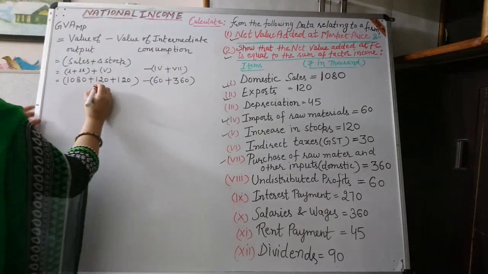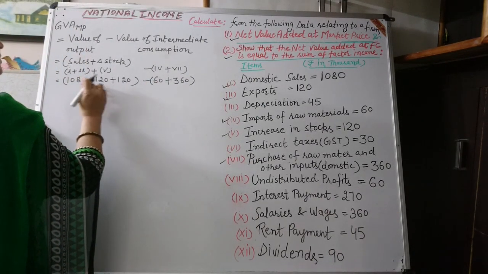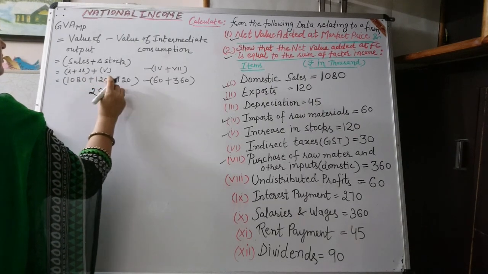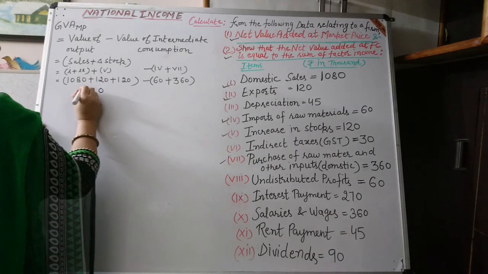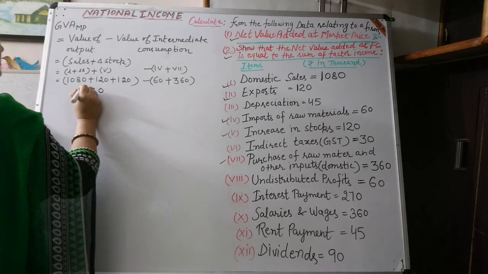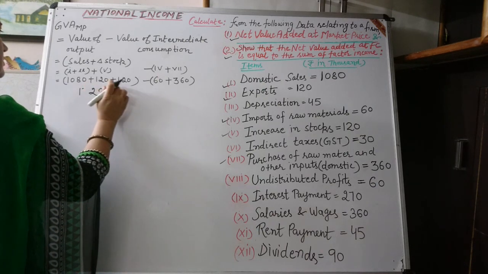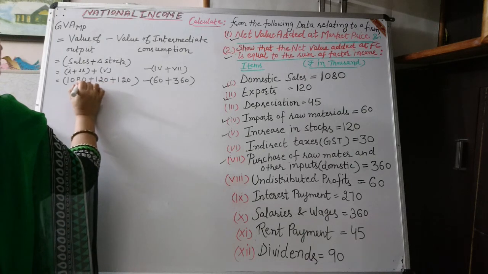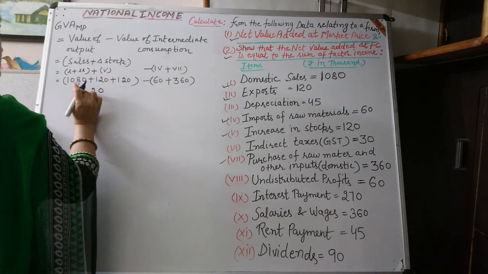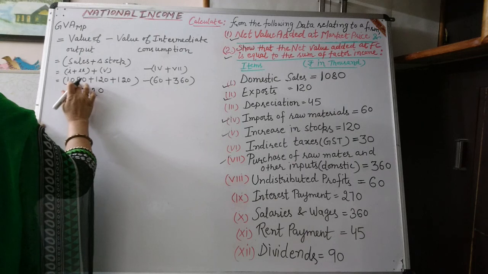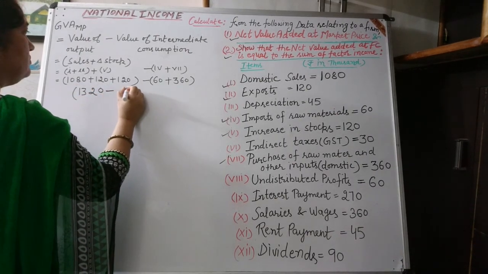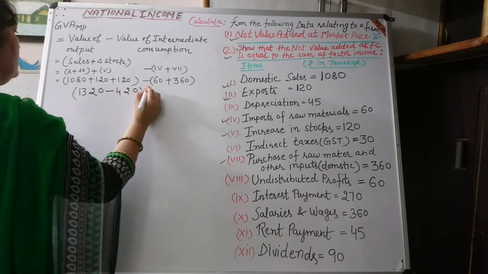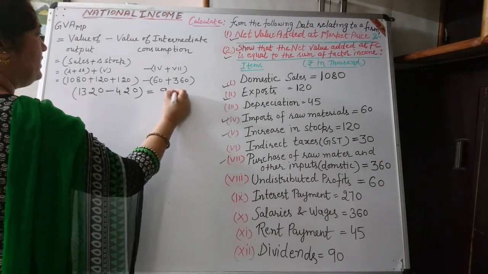So this is 1320 minus 420, which is equivalent to 900.